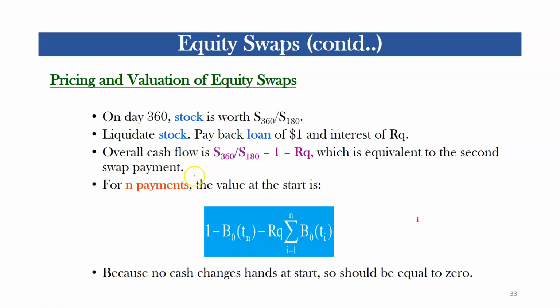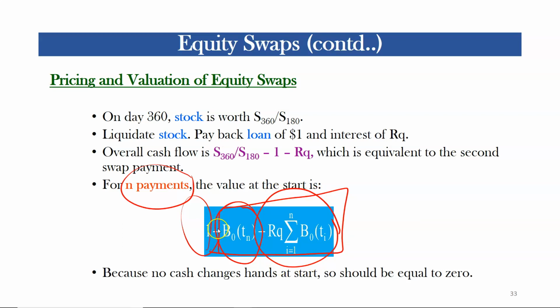For end payments, the value of the portfolio at the start will be given by the $1 invested in the stock plus the present value of the bond, which is equal to the present value of the par value and the present value of all the future interest payments. The negative sign here indicates that these are future cash payments in the portfolio.